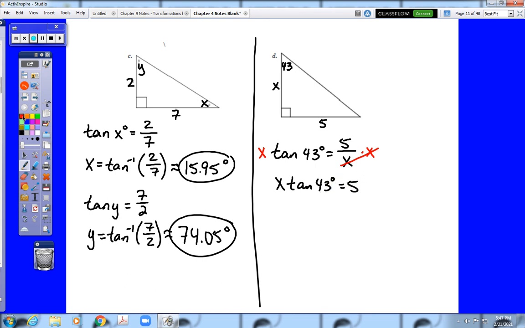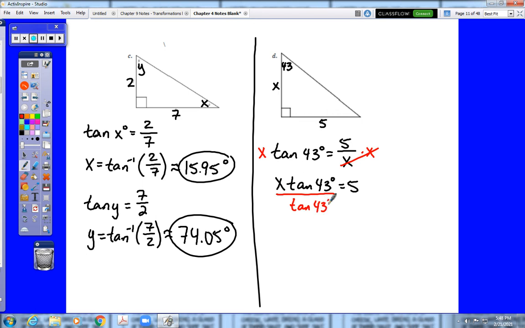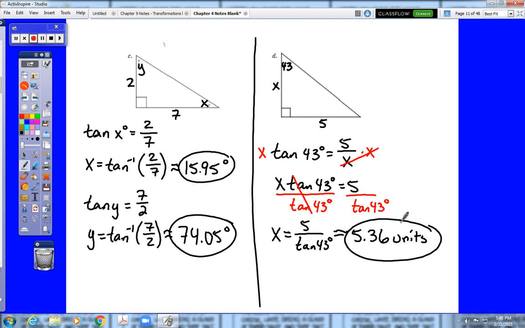Then we divide by the tangent of 43 degrees. When we do that, we get x by itself. X is 5 divided by the tangent of 43 degrees. Feed the calculator 5 divided by the tangent of 43. We don't need an inverse tangent because we're not finding an angle. We're looking at 5.36 units for the length of x.